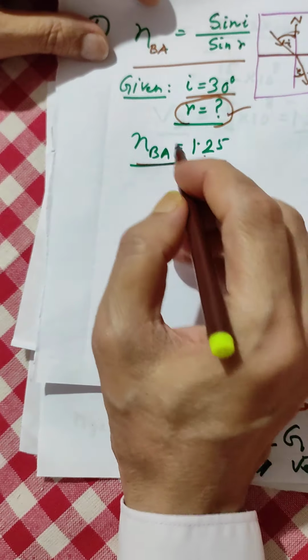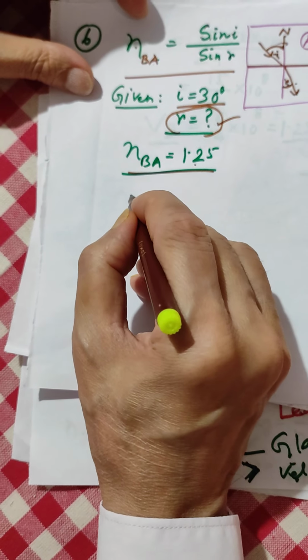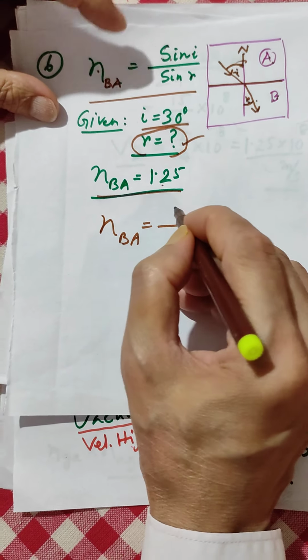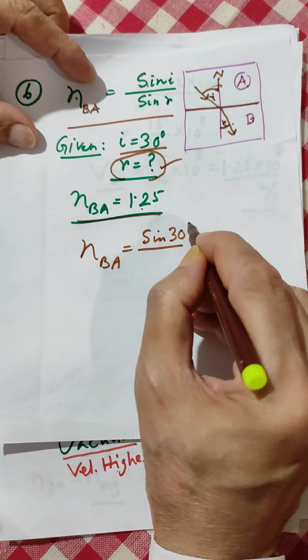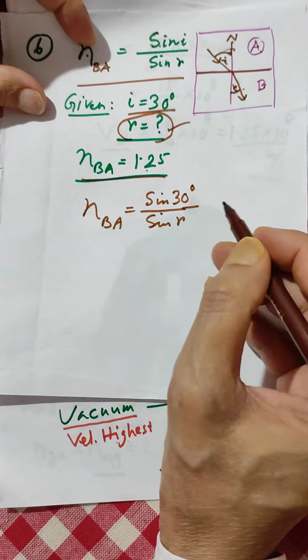So now we'll use this formula. So this n_BA is given. We'll write the formula: n_BA is equal to sin i by sin r. Now sin i is what? Sin 30 degrees. Alright.